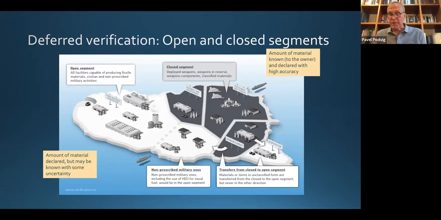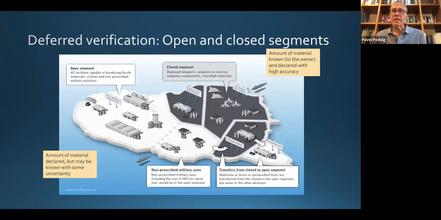If you presented it and said, okay, I'm removing that amount from the closed segment, say you gave me a ton and a half of plutonium, that means your balance accounted for in the closed segment is now 1.5 tons of plutonium less.